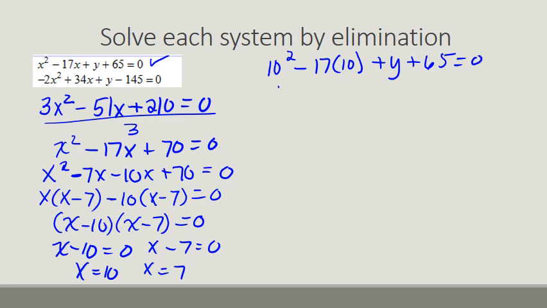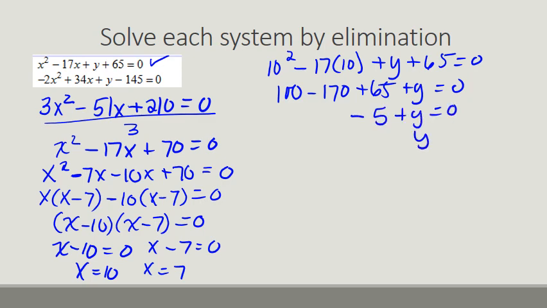And if I simplify that, I'm going to get 100 minus 170 plus 65 plus y equals 0. And that is negative 5. So I get negative 5 plus y equals 0. So y equals 5. So one of my solutions is going to be 10 and 5.